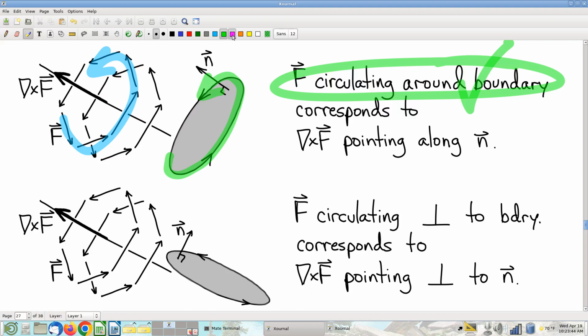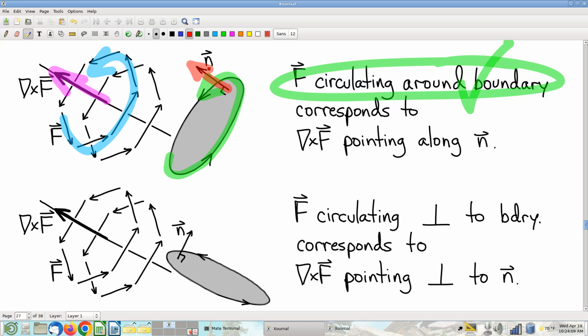And so here's again the curl vector. Here's the normal vector. And notice that the geometry of the flow and the boundary going in the same direction is really the same geometrically. It's just coincidental with the curl and the normal vector going in the same direction.